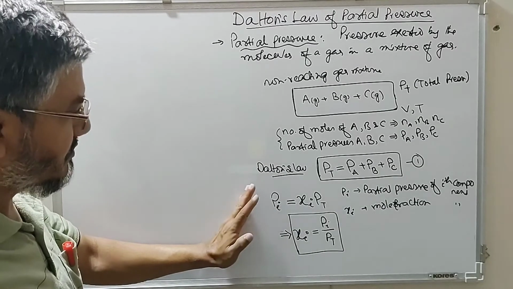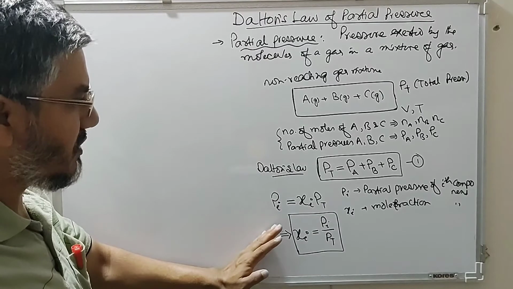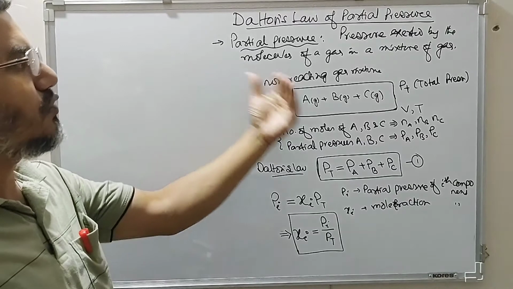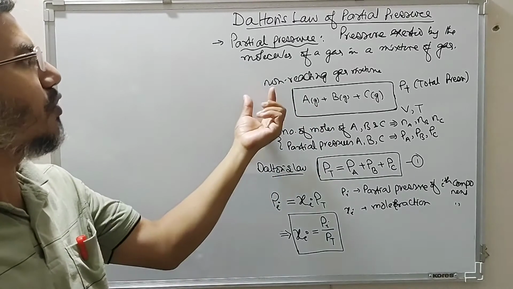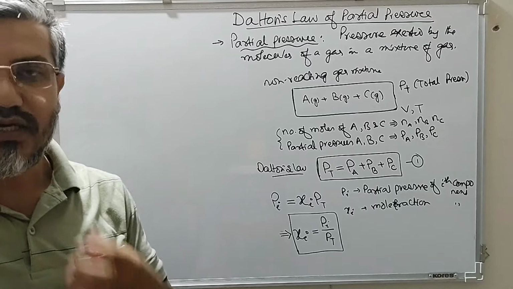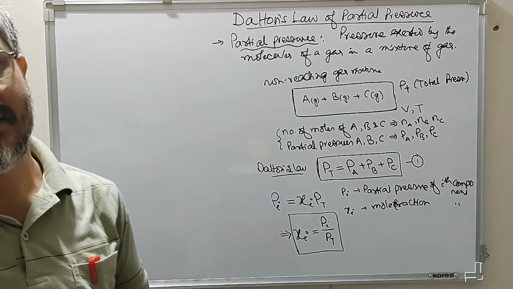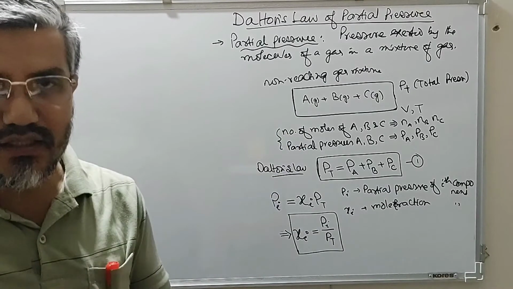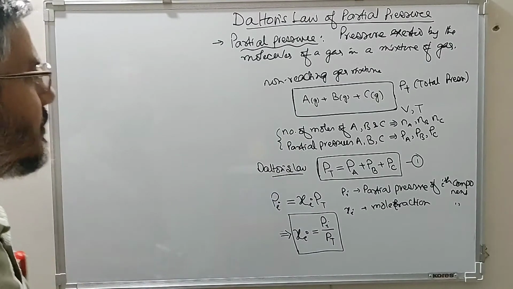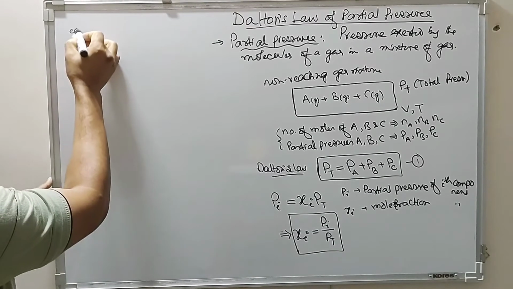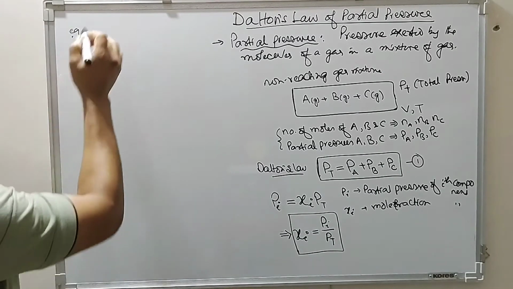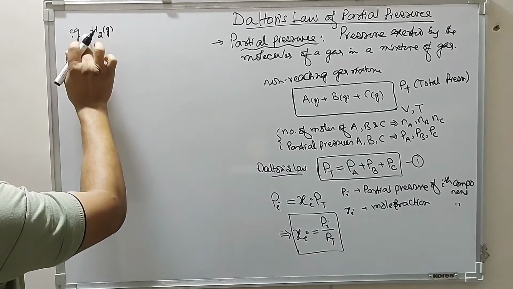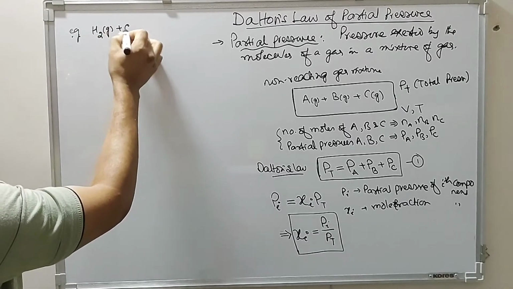So this is the concept of partial pressure, and Dalton's law. As I told you, Dalton's law is applicable for a non-reacting gaseous mixture. If there is any chemical reaction between the components A, B and C, then the law will not be applicable. So look at this, I am just giving examples here. Hydrogen gas plus chlorine gas.